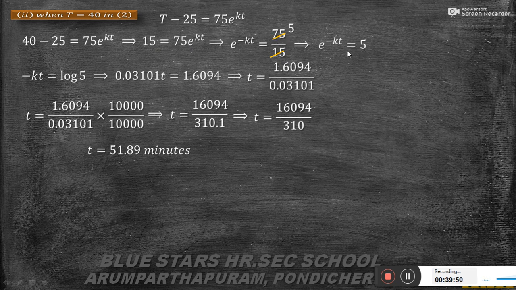Therefore, the next step, I take the log on both sides. So log e power minus kt equal to log 5. So log and e cancelled, minus kt equal to log 5. Therefore, this is 0.03101 t equal to 1.6094. So this is the k value.